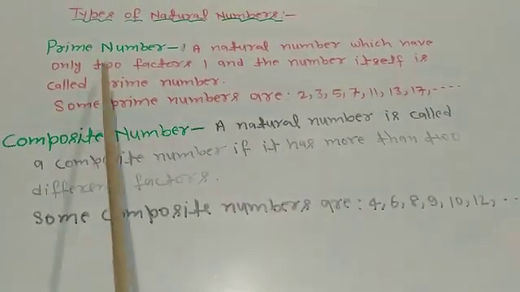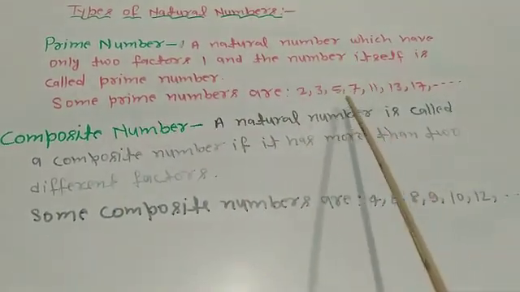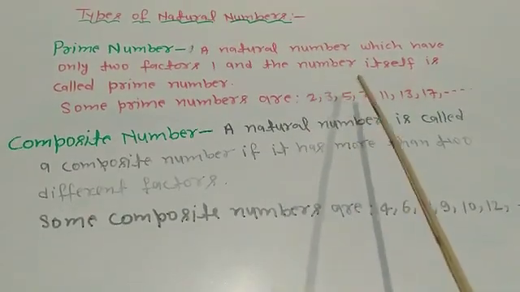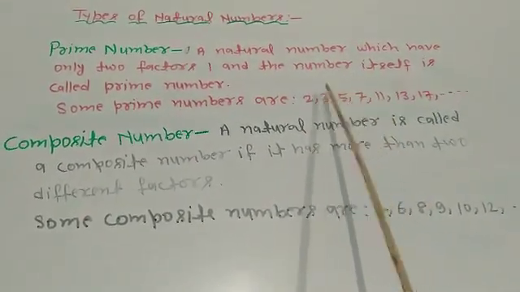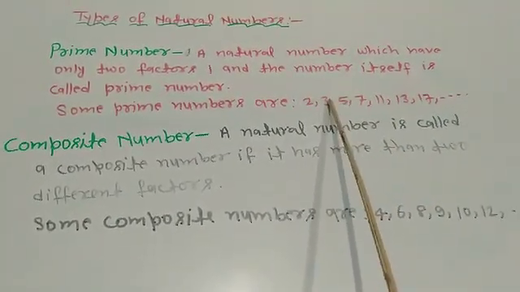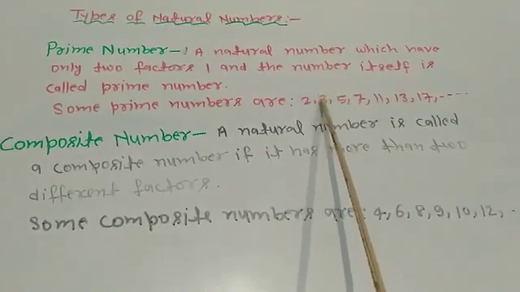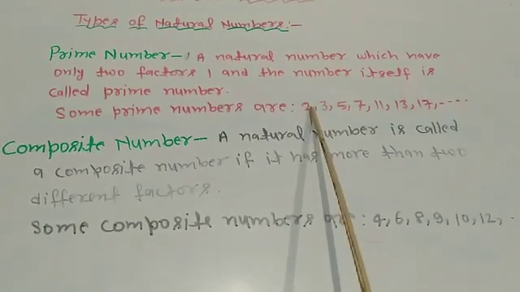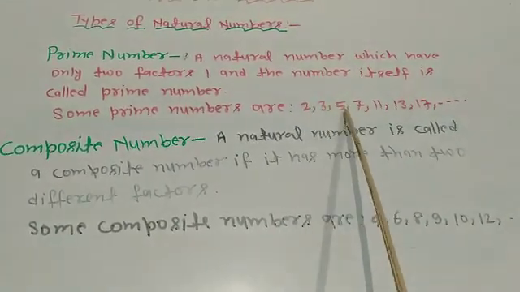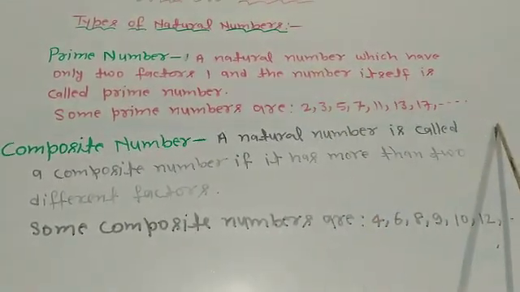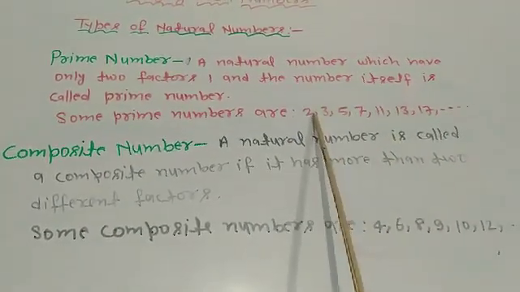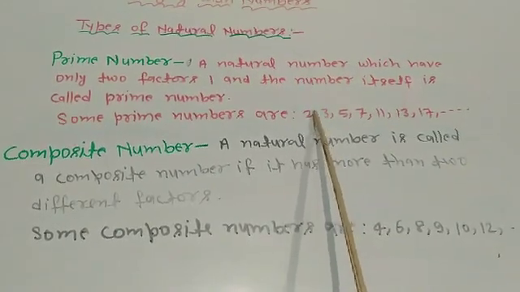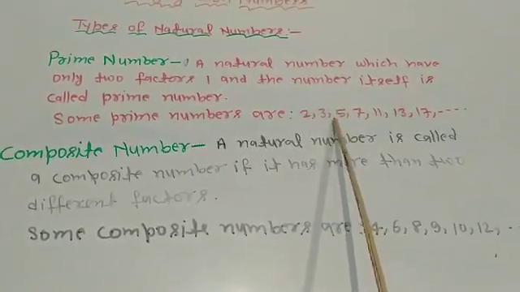But in the case of prime numbers, the smallest prime number is 2. 2 is the smallest even prime number. If the question asks for the smallest prime number, it is 2. The smallest odd prime number is 3.